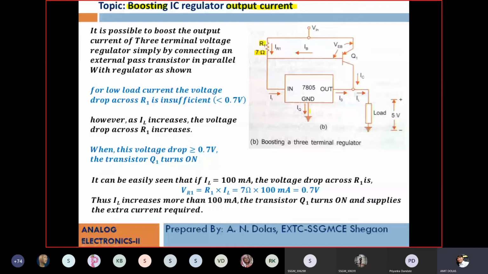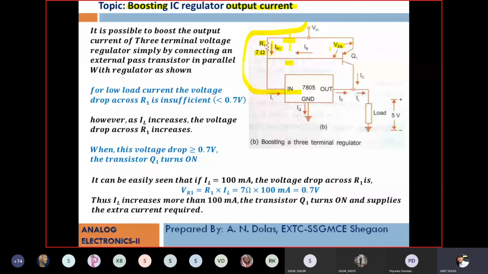Due to the input, there will be input current passing into the IC, that is 7805. The same current will pass through the resistance R1 and it will develop a voltage across it, say positive up and negative down, and the same voltage is connected to the base and emitter of the transistor, and the transistor is of PNP type.